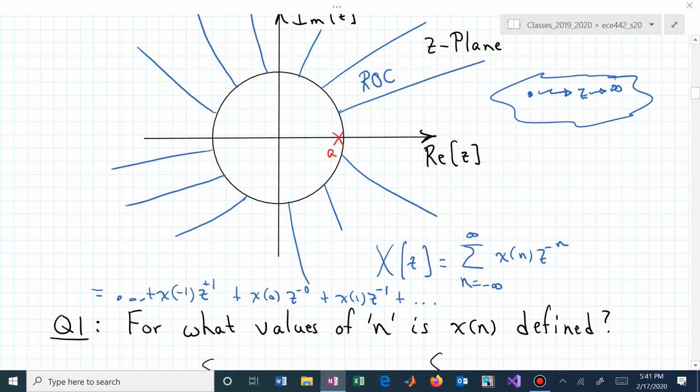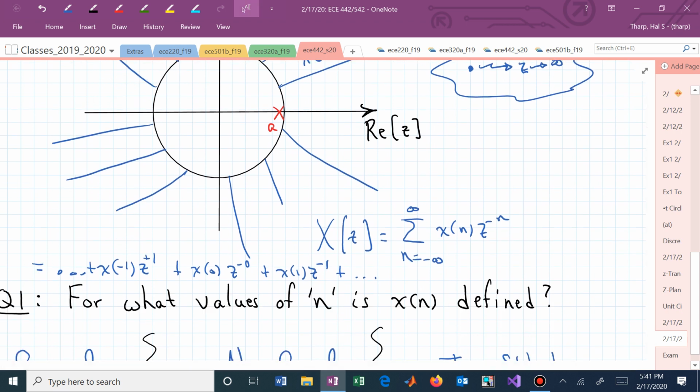If I plug z going off to infinity into this term right here, what would happen? Now that's z to the 1, and I have z squared to the left, z cubed to the left. I plug in a z value going off to infinity, and what does that do to my sum? My sum goes unbounded.